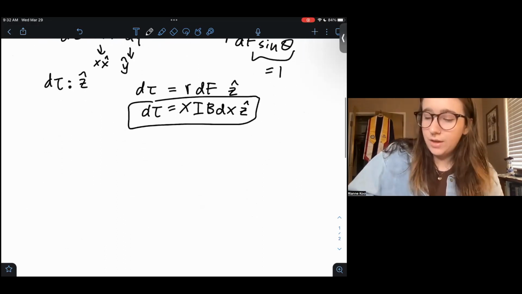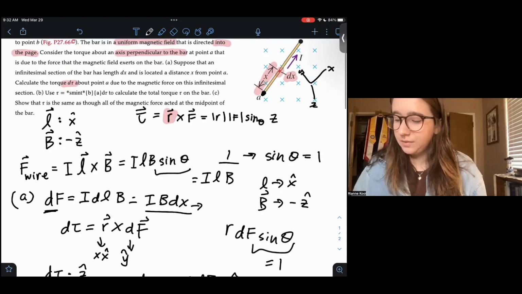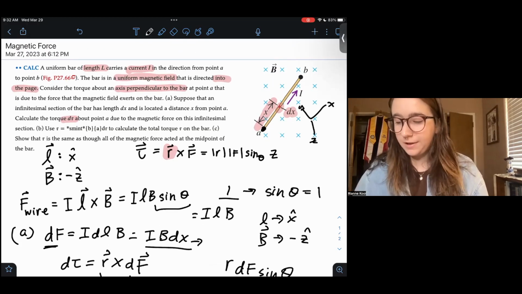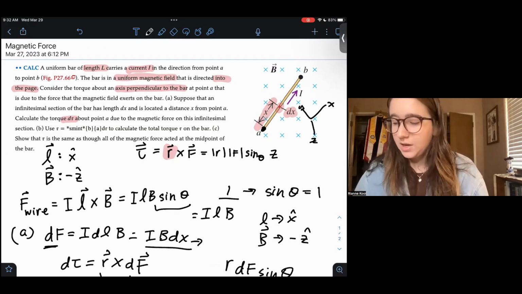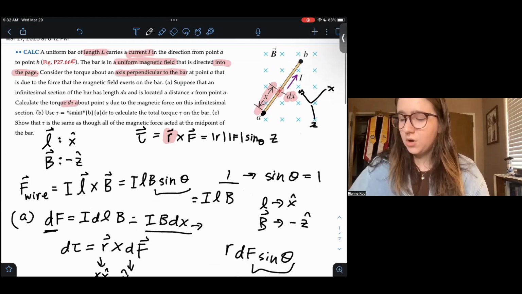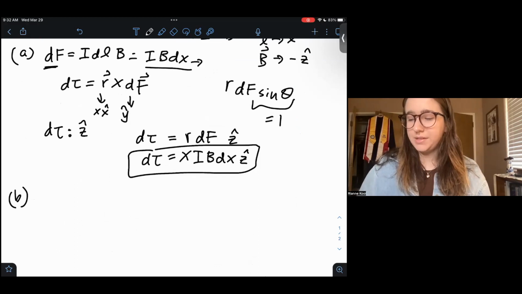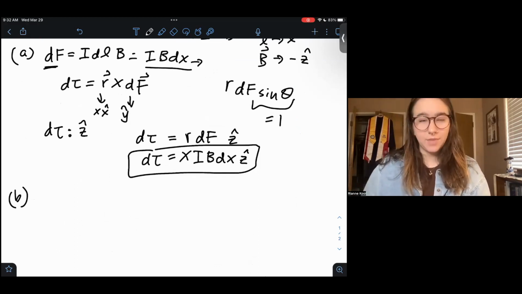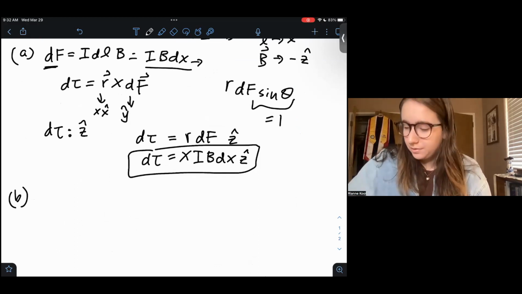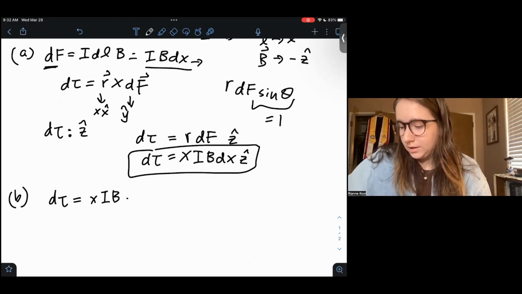Okay, so then part B says, use this equation, which I'm going to rewrite, to calculate the total torque tau on the bar. So we have this equation right here, d tau equals x I B dx.